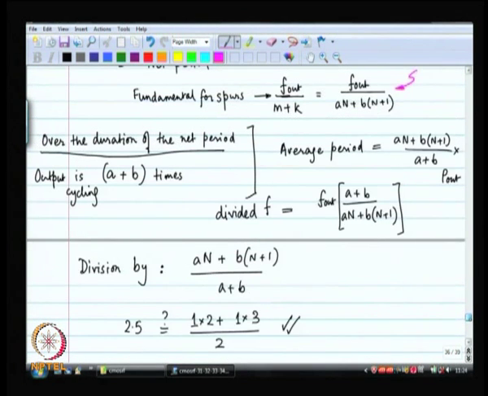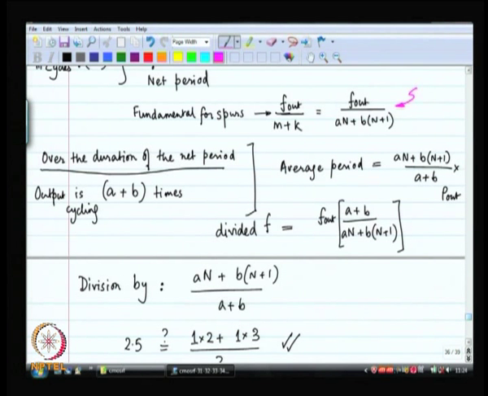And then we figured out the average period.